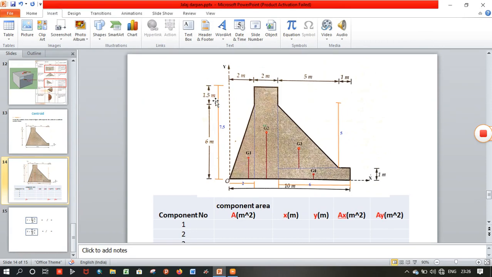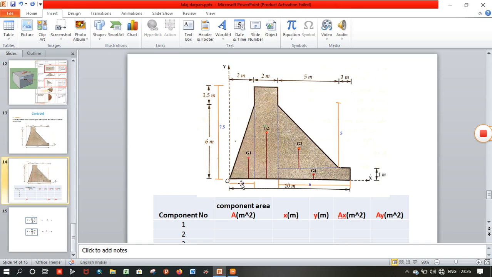Now after subdividing the complex geometrical figure into simple geometrical figures like rectangles and right angle triangles, if you see the first component, that is G1, that is nothing but the centroid of the first component.